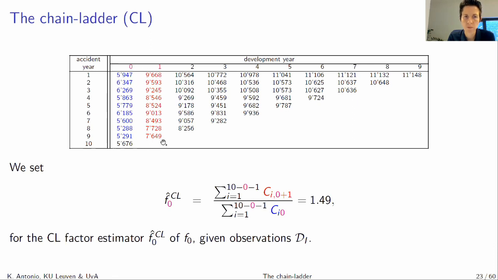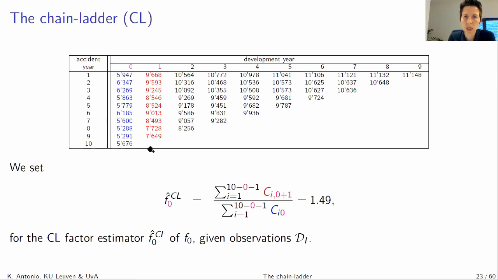So you take the sum of the red guys and divide it by the sum of the blue guys. Make sure that for the blue guys you're not using the amount over here in black. That gives you a development factor, in this case, of 1.49. That shows me, in an averaged way, how I go from the cumulative amount in development year 0 to the cumulative amount in development year 1.